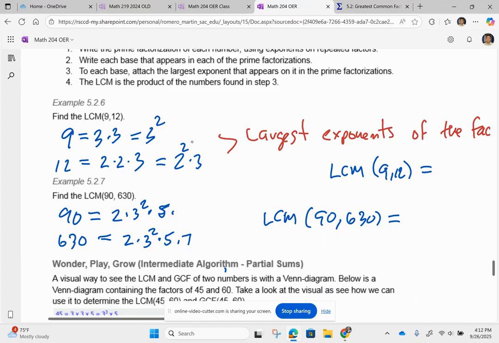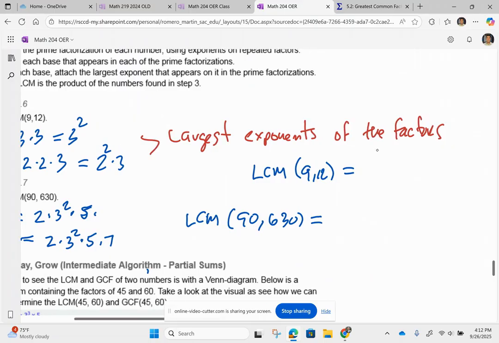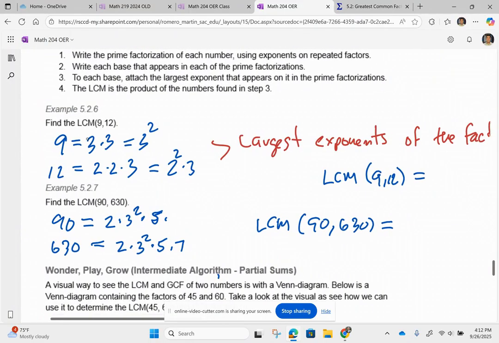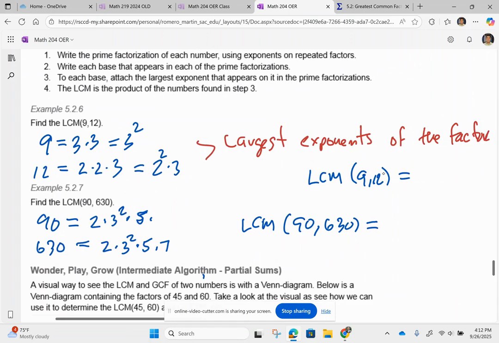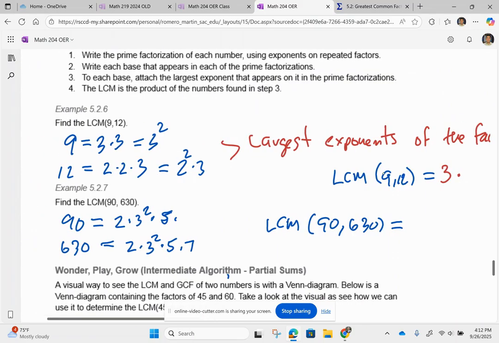So in looking at this, there's 9 and 12. I see the product of primes. Now I'm looking for the largest exponents of the factors. So in this case, the least common multiple of 9 and 12: I look, they both have 3. Which one has the largest exponent? Then I see it has a 2 squared.